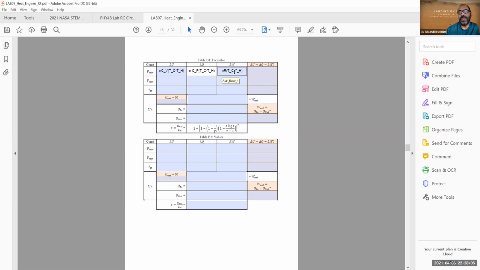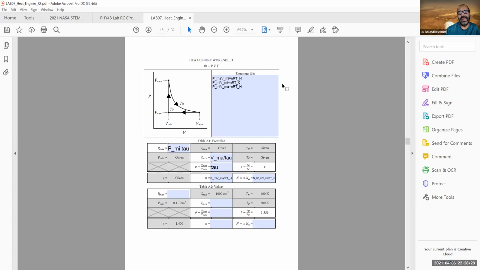TC minus TH. So you're going to have CP basically minus CR. Is it equal to CV? And it is. So if you take advantage of equation 6, you're going to get yes in here. You're going to do the same thing in here for Vmin.